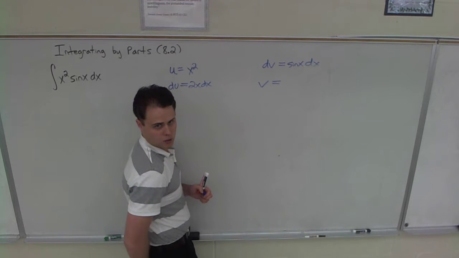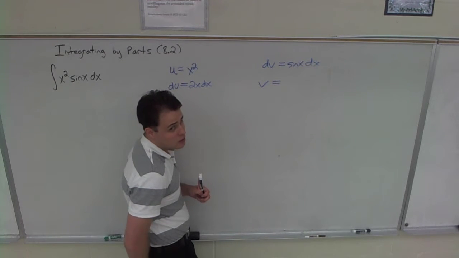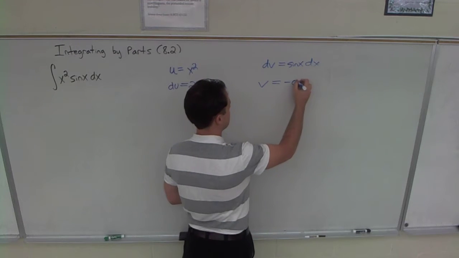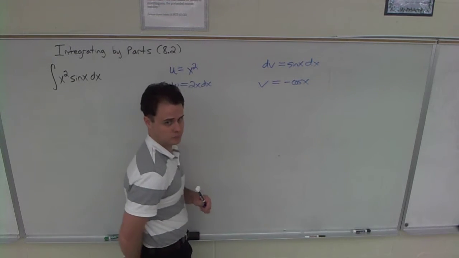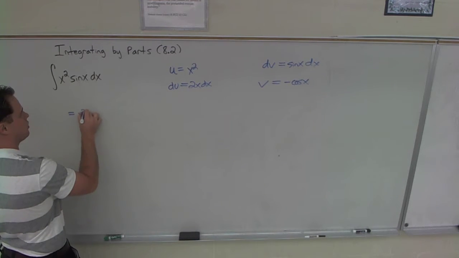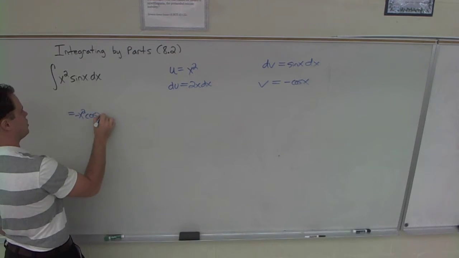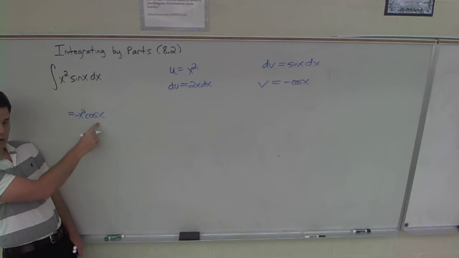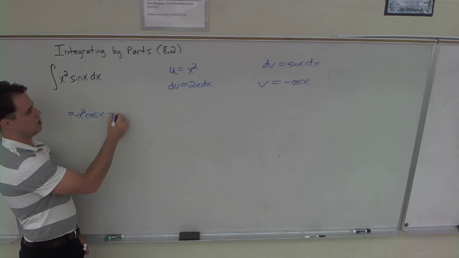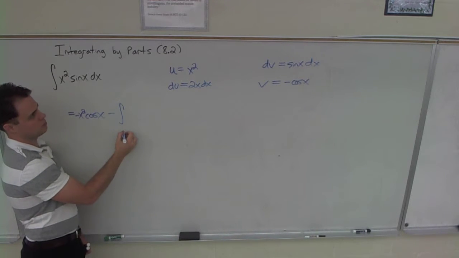Yeah. Yep. Integrate sine and you get, remember, take the derivative, you get cosine. So integrate and you get negative cosine. Okay, so this is equal to uv. So x squared negative cosine of x. See, I fixed it up right there as I was writing. Minus the integral of v du.